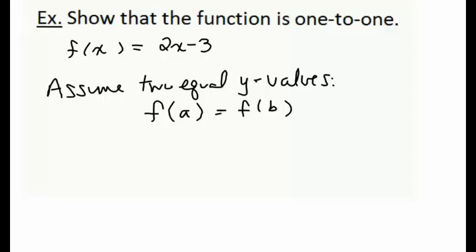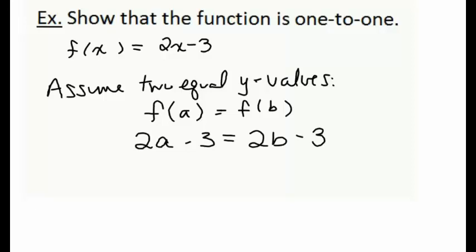We can evaluate the left-hand side. f at a is going to be equal to 2a minus 3. So here I'm just going to use the rule of our function and substitute a anywhere that I see the value of x. We can do the same thing on the right-hand side. f at b, using our rule, is going to be 2b minus 3.